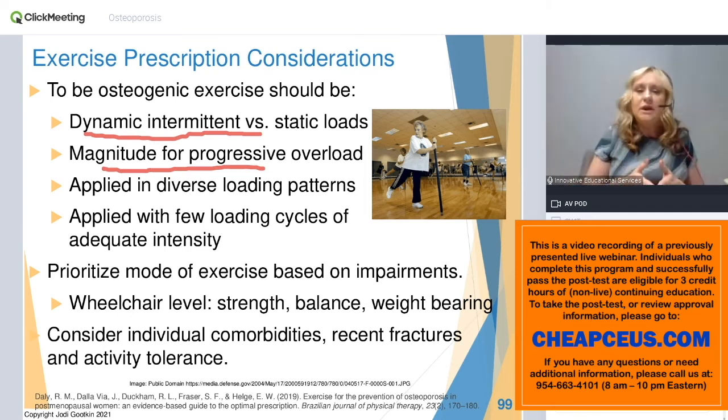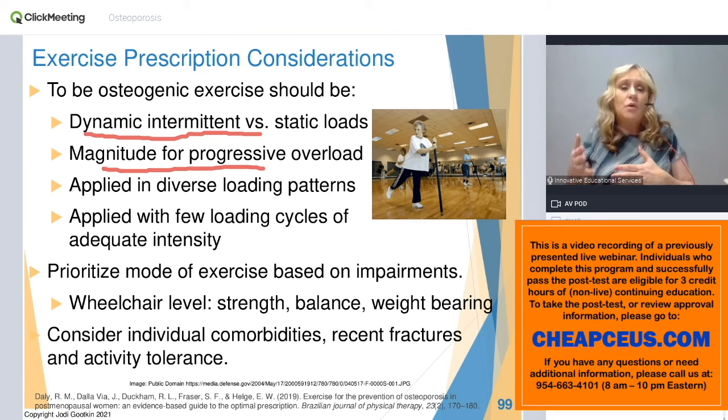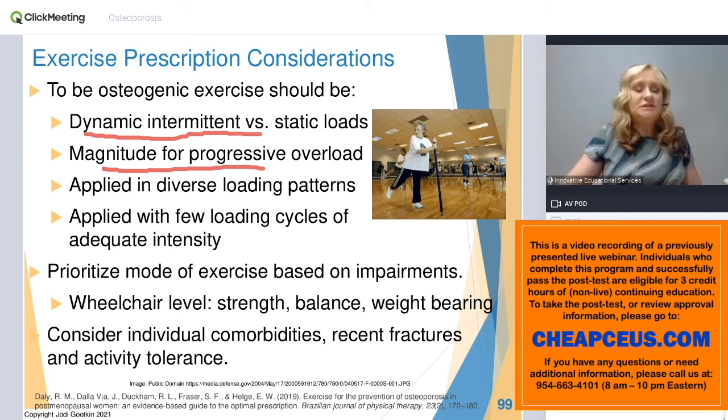It just needs to be more than what is typical for that person. So if you have someone in a wheelchair, at a more sedentary level, maybe standing up and doing some squats is enough for them. Someone who is at a higher level, younger, more fit, may need to be doing more hopping and jumping and other activities. It just needs to be more than what's typical for them so that the bone continues to adjust and adapt.